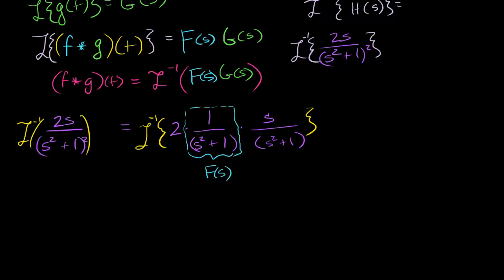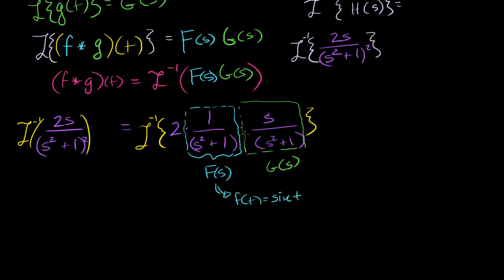And if we draw a little box around this one right here, this is the Laplace transform of cosine of t, G of s. So this implies that f of t is equal to sine of t. You should recognize that one by now.